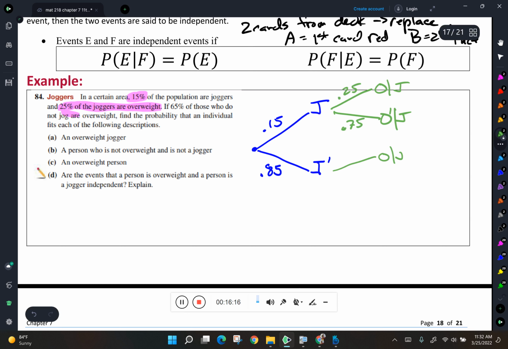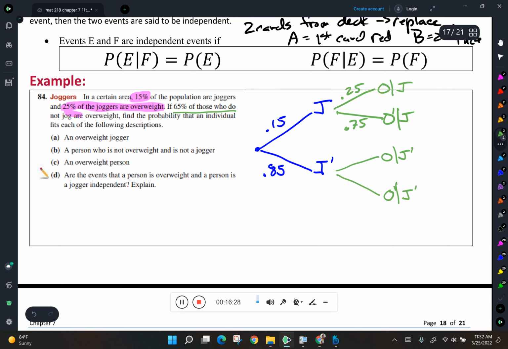Overweight given that you're not a jogger, or not overweight given that you're not a jogger, right? Let's see. 65% are overweight, so this is 0.65 because it's the overweight given that you're not a jogger, and then this would be 0.35. Right? Let's take a look at what they want us to find.